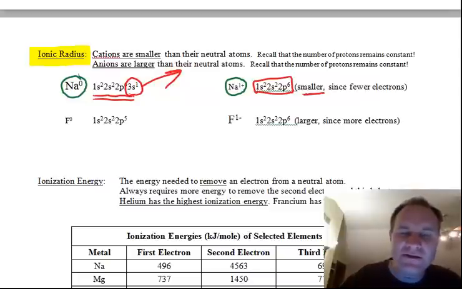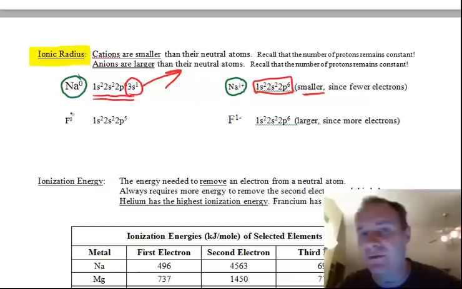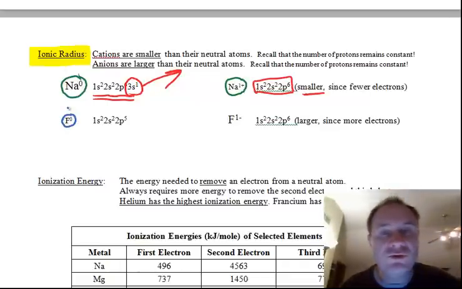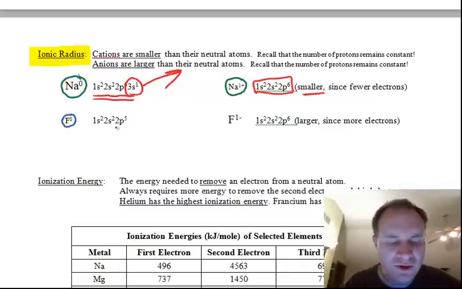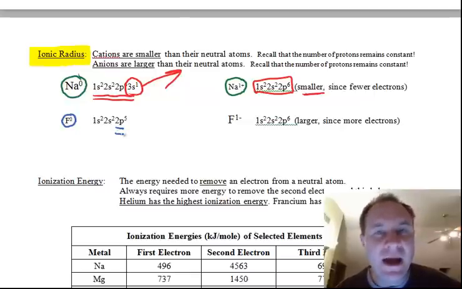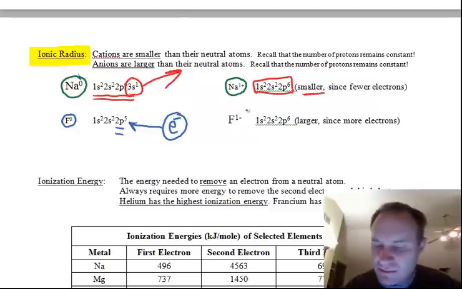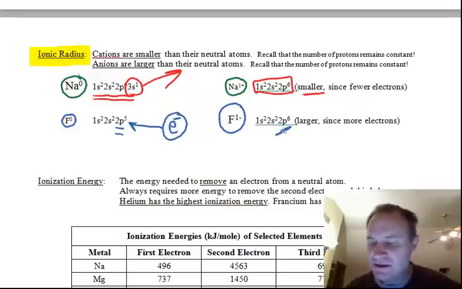If we then consider what if it goes the other direction, the anion, there is my neutral fluorine, 2p5. Well, we know that fluorine has a very high electronegativity. It is going to take an electron to become the much larger 2p6.